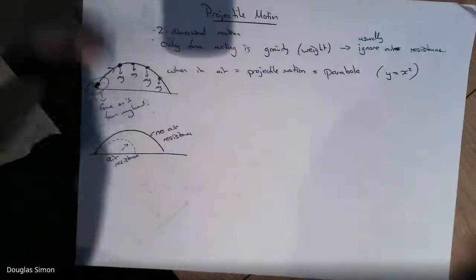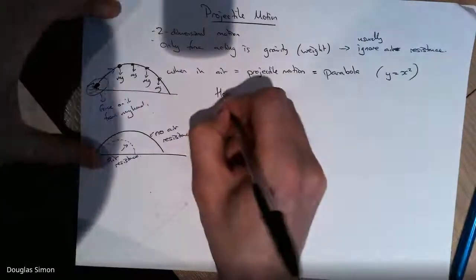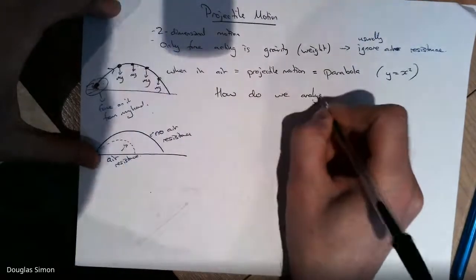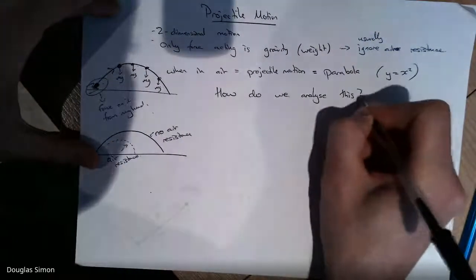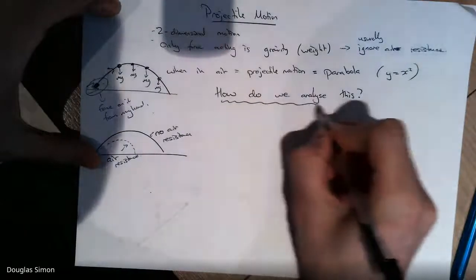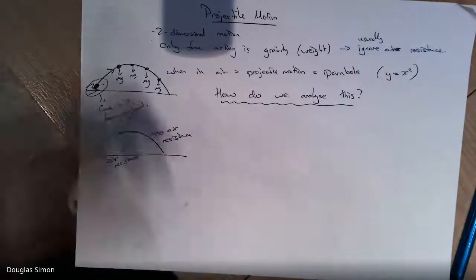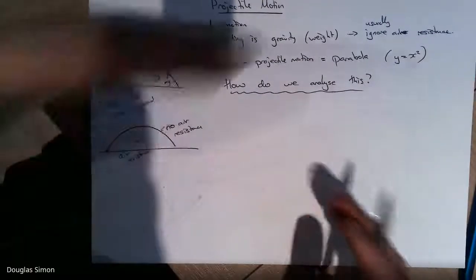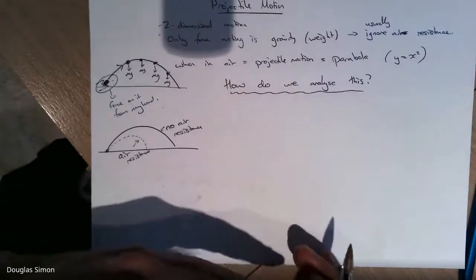So how do we analyze this? This is not hard as long as you basically follow a set method.